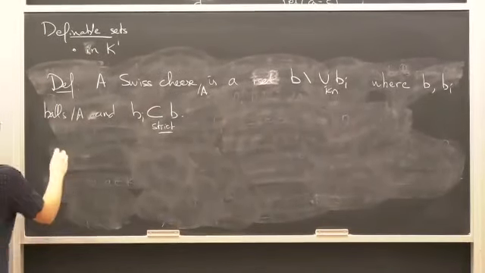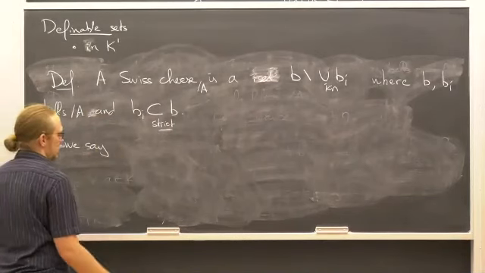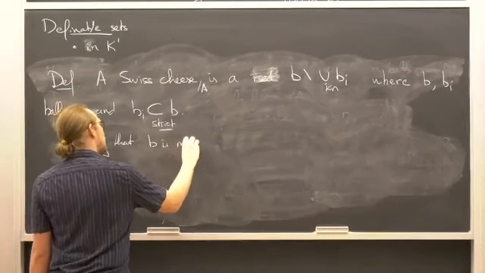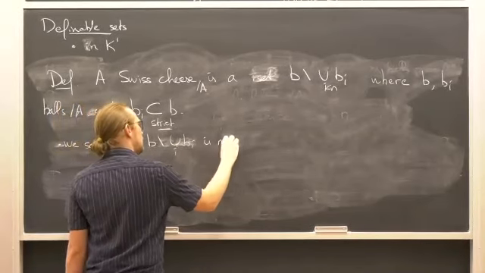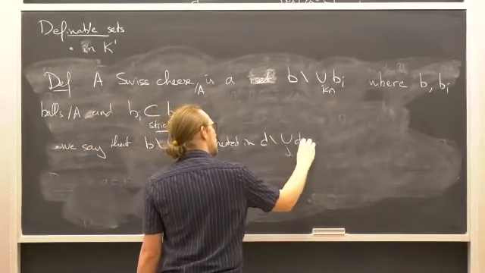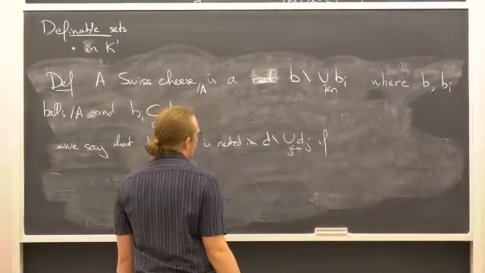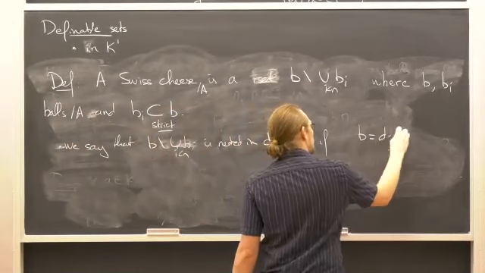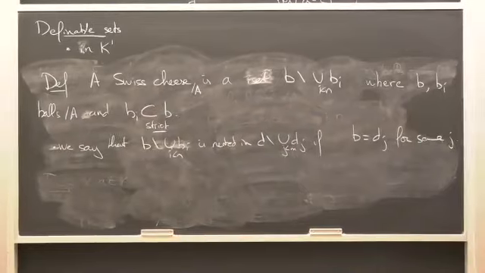So this is a Swiss cheese, and this is just terminology: B minus the union over i of the B_i is nested in D minus the union over j of the D_j if the outer ball of B is an inner ball of D. This is like a silly case.